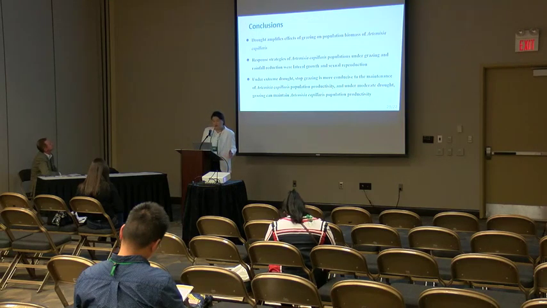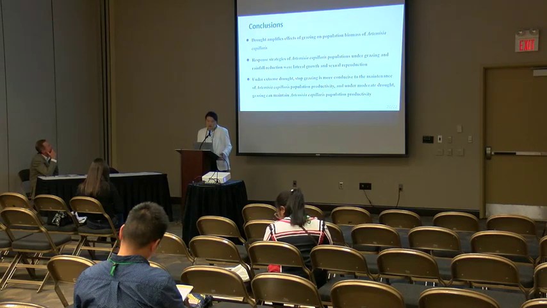Then we draw the conclusion that drought had bigger effects on the biomass of the Artemisia populations, and the response strategy of Artemisia populations to grazing and rainfall reduction was longitudinal growth or sexual reproduction.